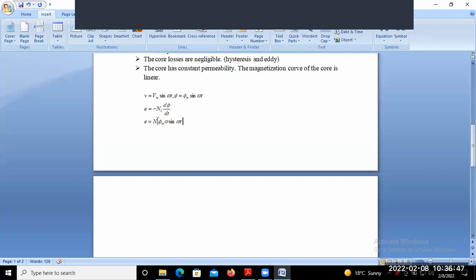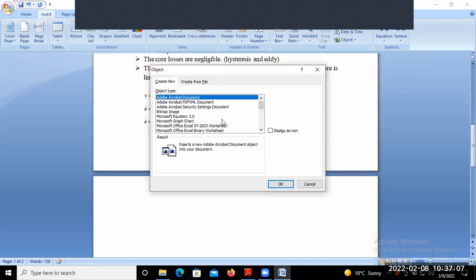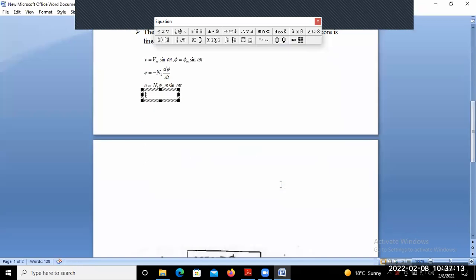If you want to find the RMS value of this voltage, then it is the maximum voltage divided by root 2. Is it clear to all of you? Put omega equal to 2 pi f in terms of frequency and divide by root 2.